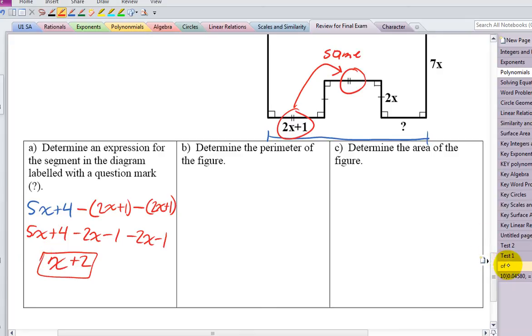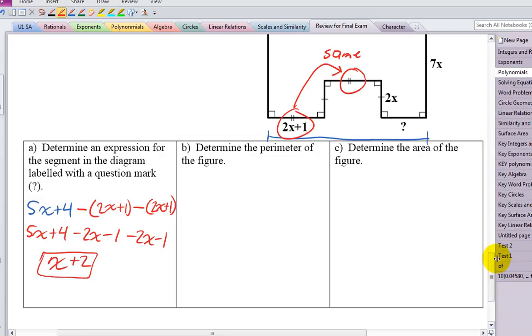Okay, next one. Determine the perimeter of the figure, so add up all the sides, please.